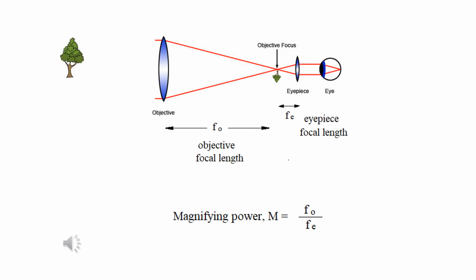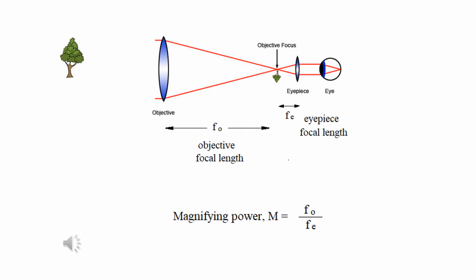To find the magnifying power of a telescope is very simple. You can see the formula at the bottom. Magnifying power M is just equal to the focal length of the objective lens divided by the focal length of the eyepiece. So the longer the focal length of the objective, the greater the magnifying power you'll have.